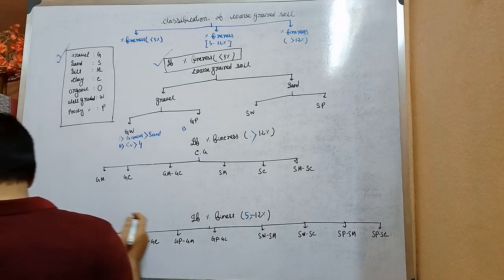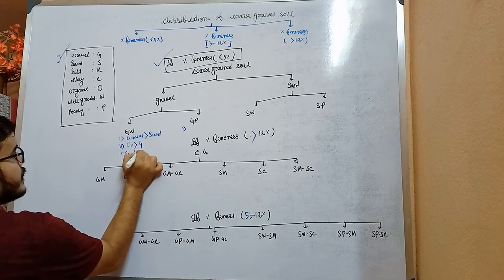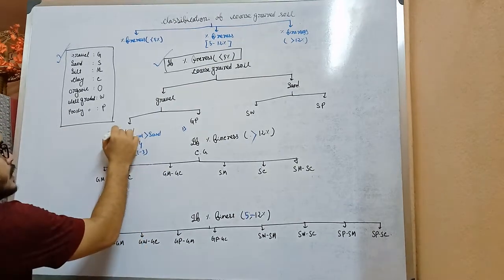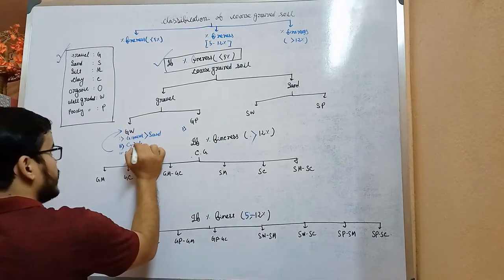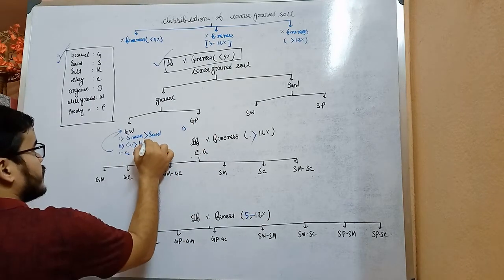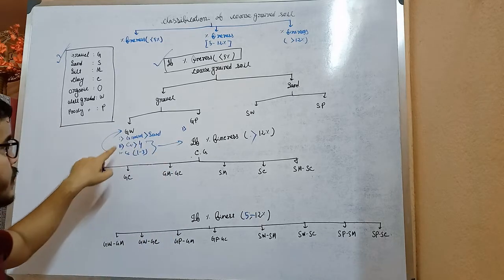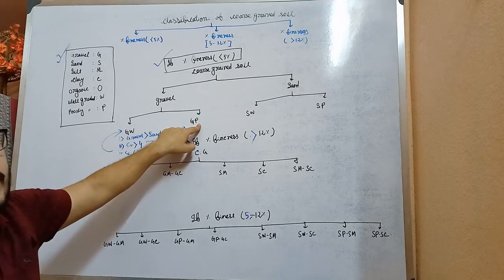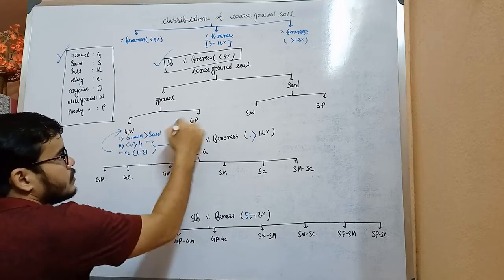And if the value of Cc lies between 1 to 3, we can also call this well graded gravel. And poorly graded means this criteria does not match. Cu is not greater than 4, Cc is not between 1 to 3, then it will be a poorly graded gravel. Write the notes here.